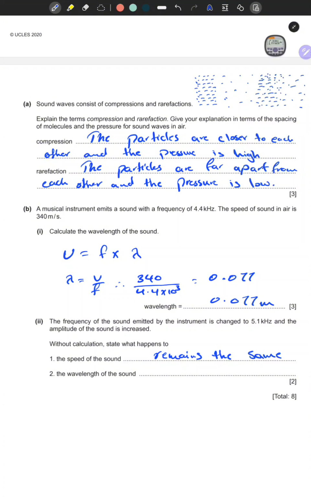An increase in the wavelength will lead to a decrease in the frequency to balance the equation, and all that will give me the same value of speed, which is the same for both equations I have explained here. Okay, so the wavelength will decrease.